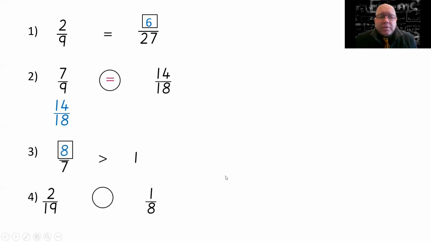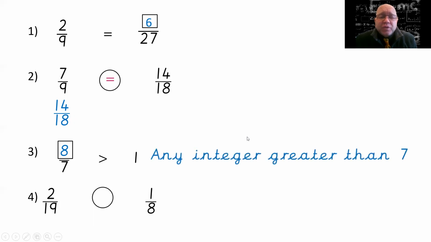But 8 sevenths, an improper fraction, is bigger than 1. So 8 sevenths would be an answer, but there's lots of others. In fact, if you thought of any whole number, any integer greater than 7, so 8, 9, 10, 11, 12, and so on, you would be correct. Okay, so any number 8 or bigger.